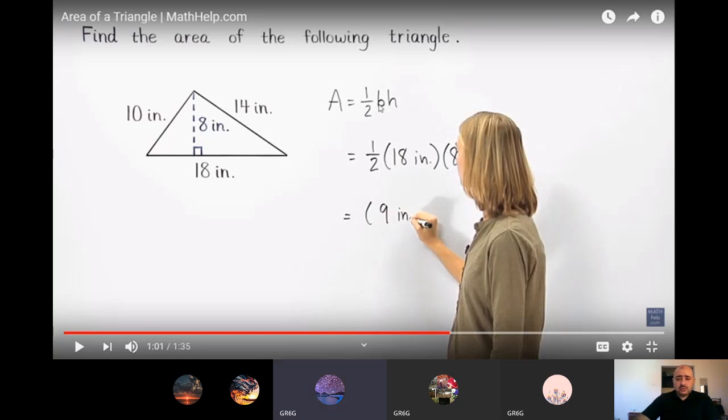Each triangle has a base and a height different from the next triangle. But this is the formula. It's fixed for all triangles.